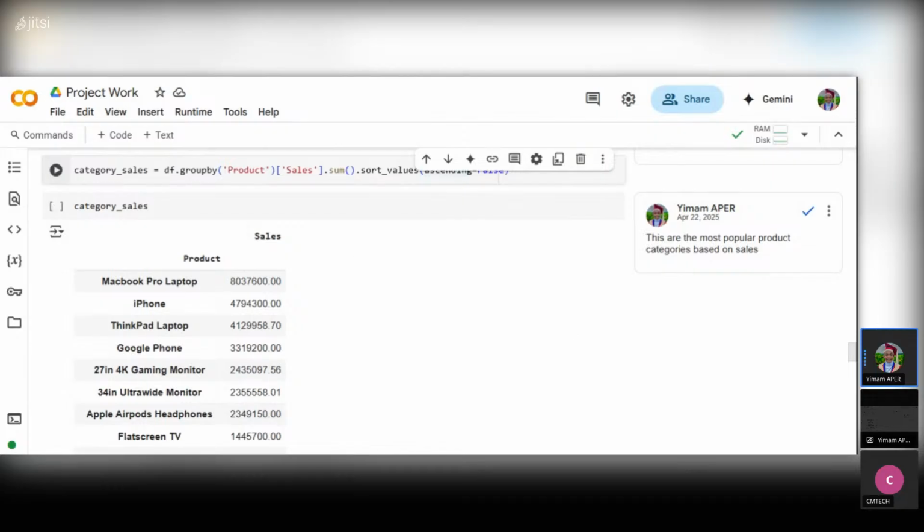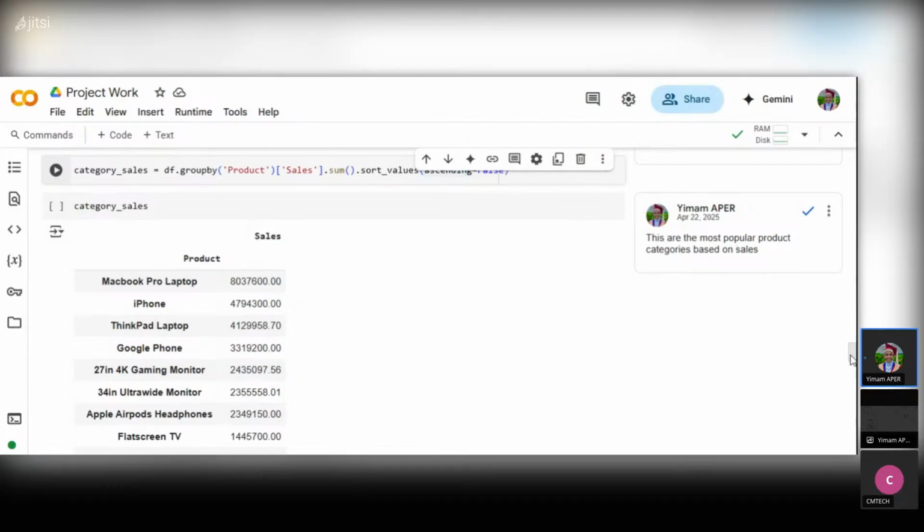So as I was saying, what are the most popular product categories based on sales? That was the last question I answered. And the next question says, can you identify the top five selling products?